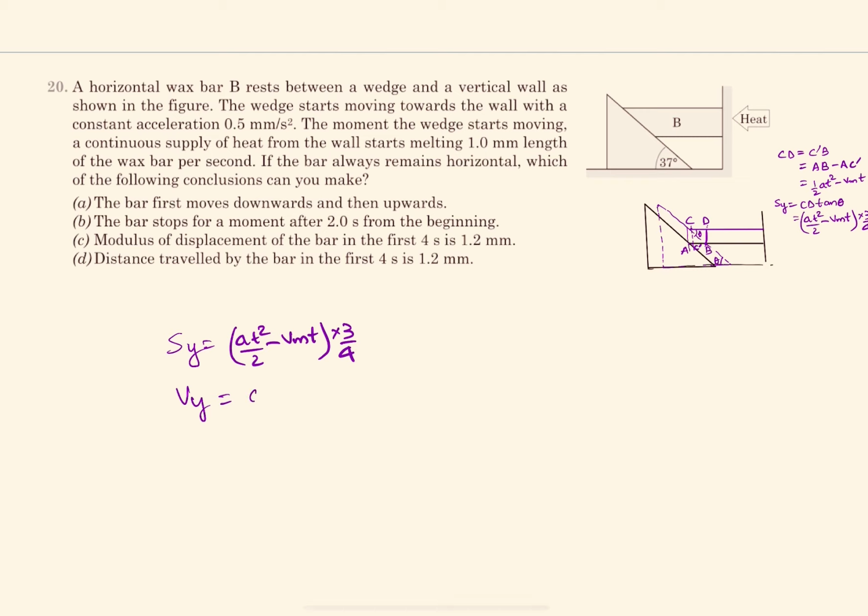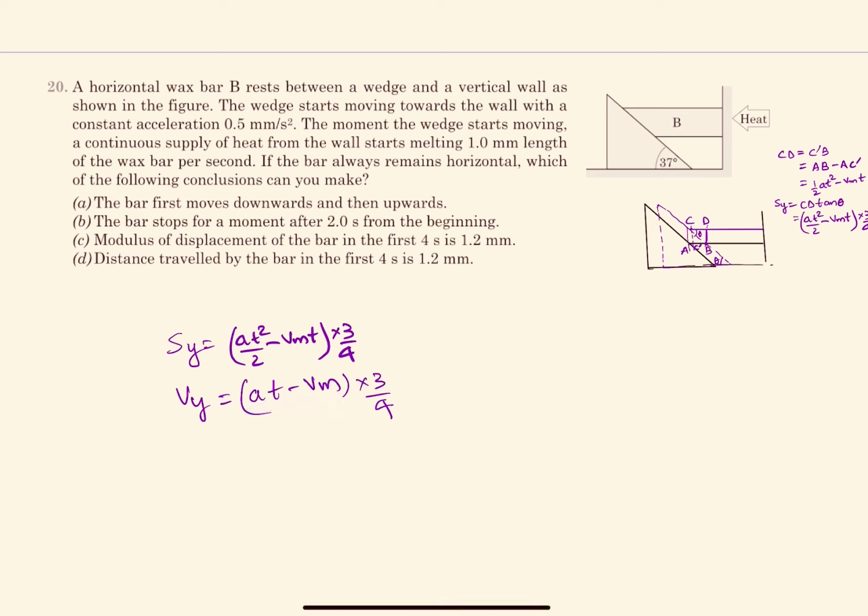It will be AT minus Vm into 3 by 4. So initially what will happen? AT is lesser than Vm because T is nearly 0. So initially velocity is downward, right? And then after some time, what is going to happen? After some time, AT will become greater than Vm. At some point, it will also become equal to Vm.